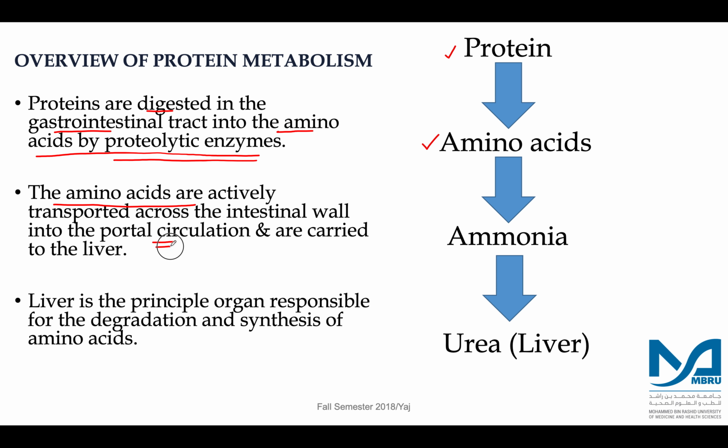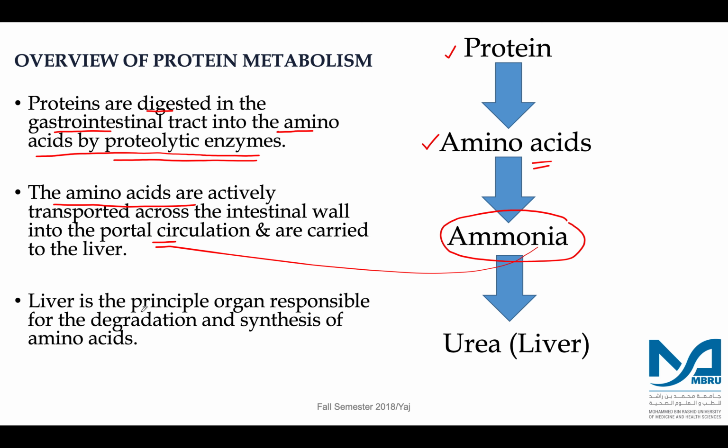We will talk about what portal circulation is very briefly, or maybe this has already been talked about by Dr. Nerissa in one of her anatomy lectures, but we will revisit it. And these amino acids are then carried to the liver and also to different tissues, and in these tissues these amino acids are broken down to ammonia.